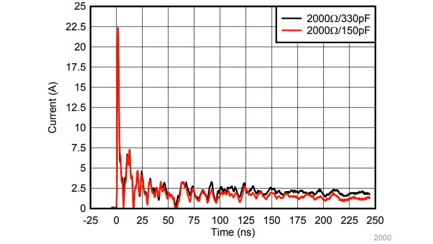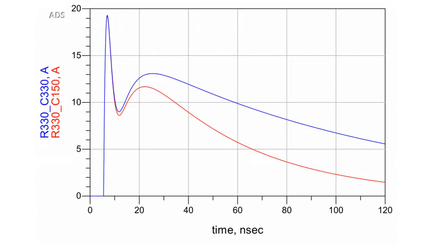The 330 Ω discharge also dissipates more energy than the 2 kΩ discharge due to its lower resistance. Because of this, the 330 picofarad and 330 Ω discharge has the highest energy of any of the tests, which is shown by having the largest area under its curve below.